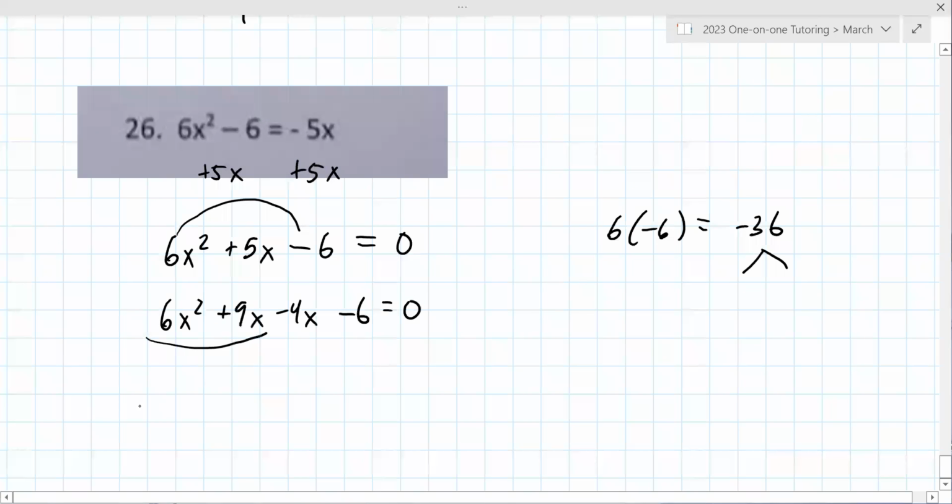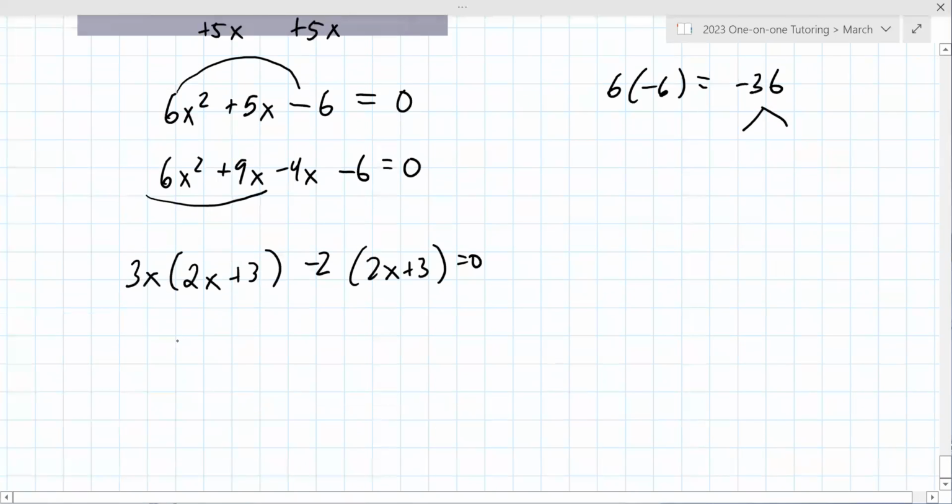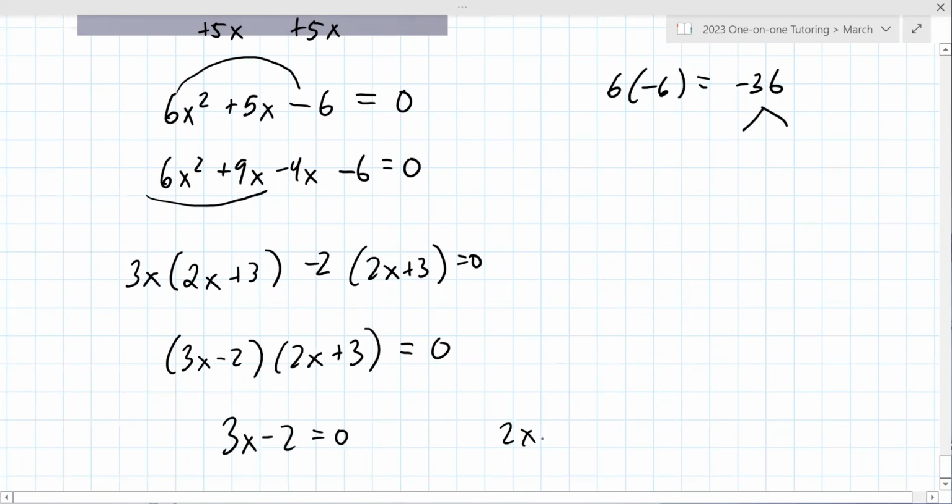You look at the first two, factor out a GCF of 3x, 2x plus 3, and 2x plus 3 ends up being minus 2 in here. So your answer is 3x minus 2 times 2x plus 3 equals 0. You set each of those equal to 0, and you get 2/3, and then the way you guys are doing it, minus 1 and 1/2 over here on the right.